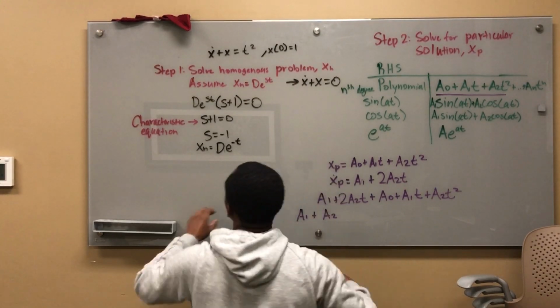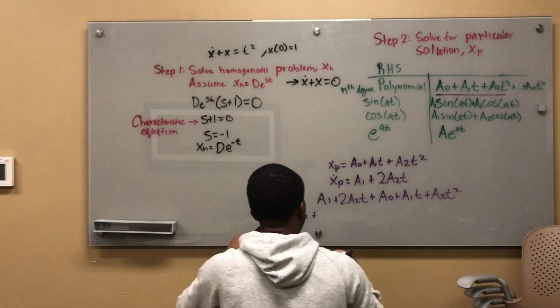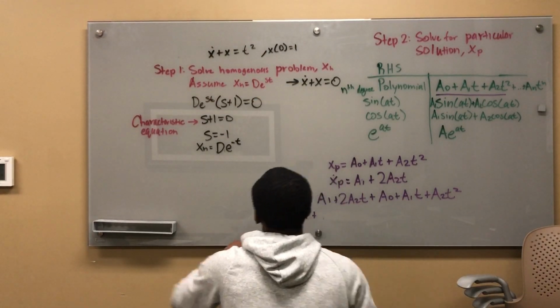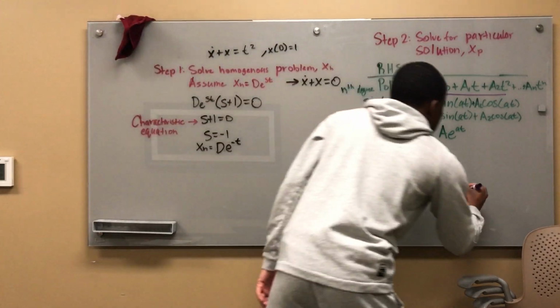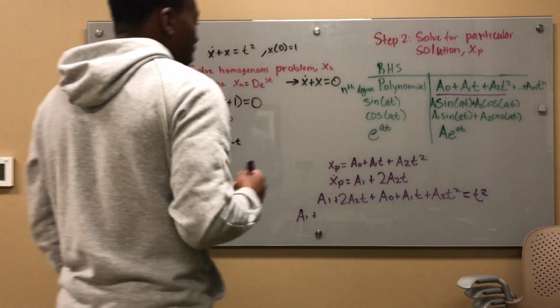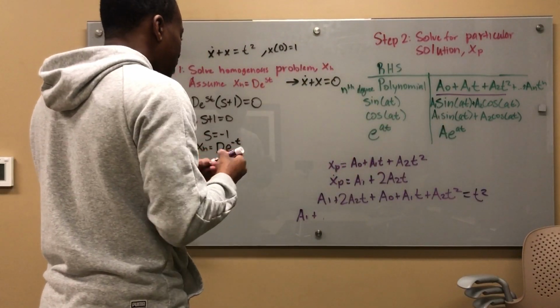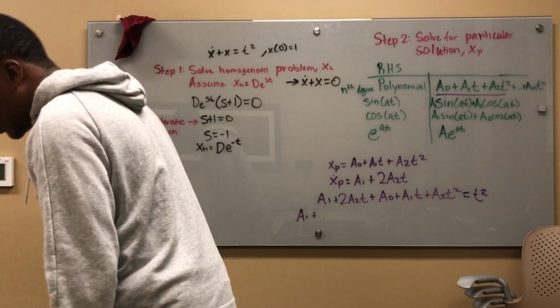Okay, so this whole thing is gonna end up being equal to t squared, basically, right? Even ignoring what I just did there, we equate that whole thing to t squared.